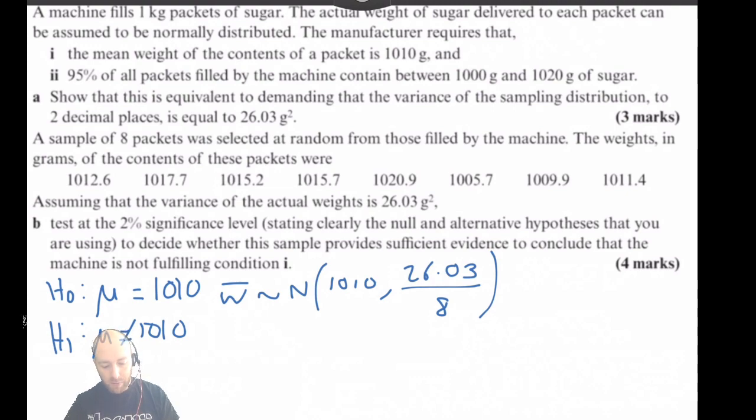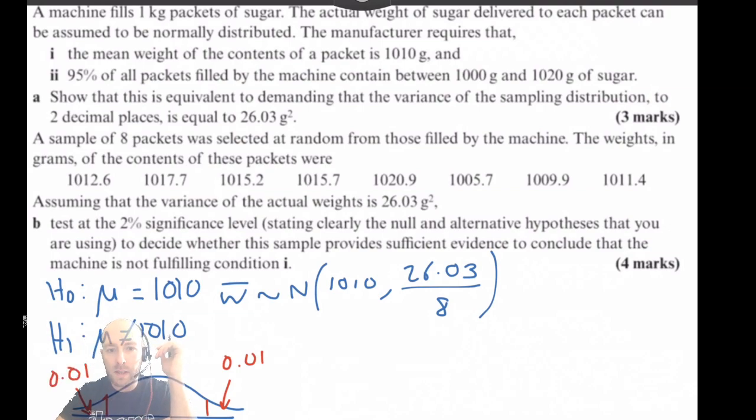Okay, so we're trying to find this to the 2% level. So we're looking at 1% for each tail, 0.01 and 0.01. I can bring those up on the calculator. We can find our critical regions.